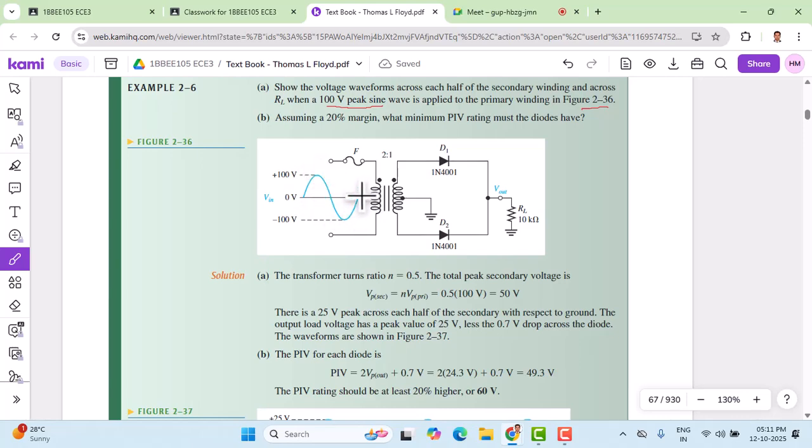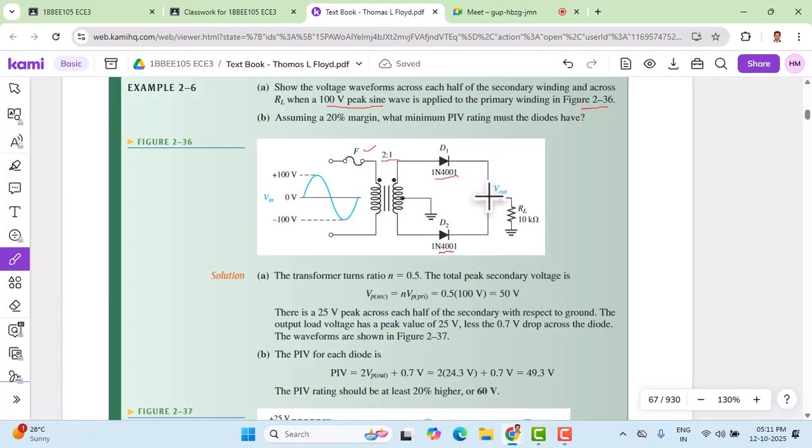This is the sine wave AC signal, and here we have a fuse, and the transformer turns ratio is given. It is 2:1. That's the turns ratio. And this is the center tap transformer. As you can see, there is a center tap which is grounded for this transformer. The diodes used in the secondary of the rectifier are 1N4001, which are ordinary PN junction diodes. Two diodes are used, which will work for the rectifying operation.